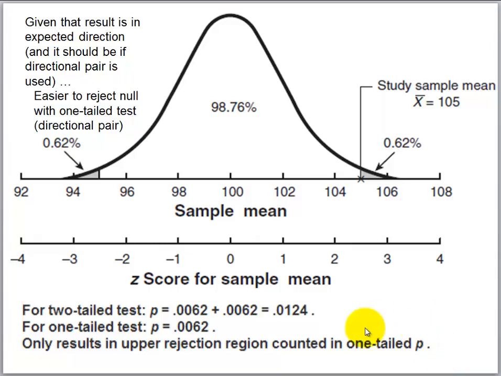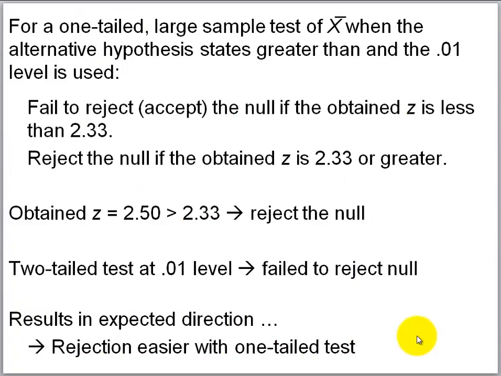Now I'll further mention when you go on next year perhaps to your research course, and you'll start using the computer more and more to carry out different significance tests, the computers are going to actually calculate the value of p for you.